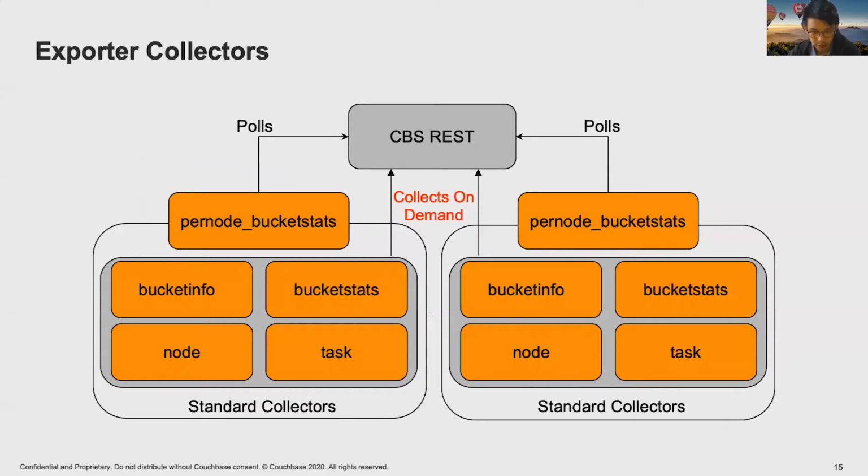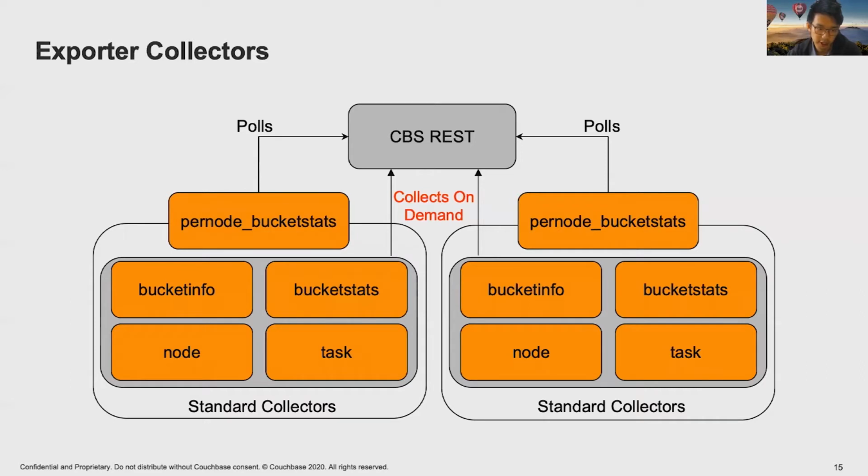As for a deeper look into how the Exporter works, the standard collectors here, bucket info, bucket stats, node, and task, follow the Prometheus collector architecture, which basically collects on demand every time Prometheus server queries our exporter endpoints.